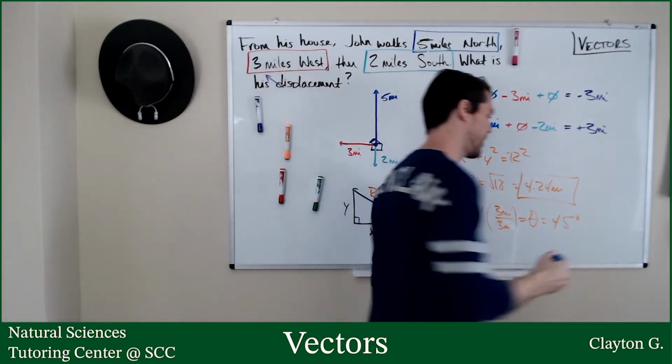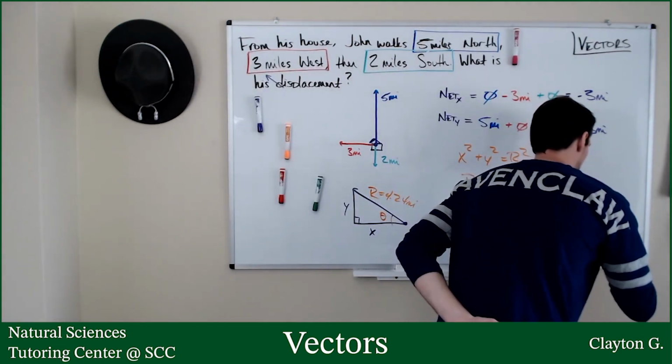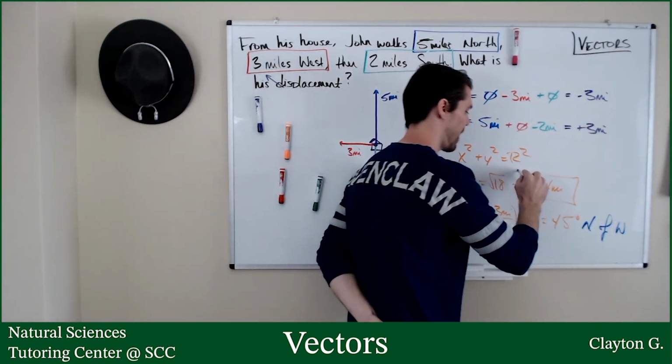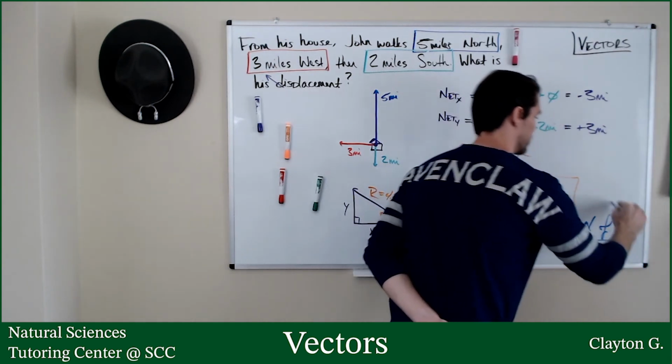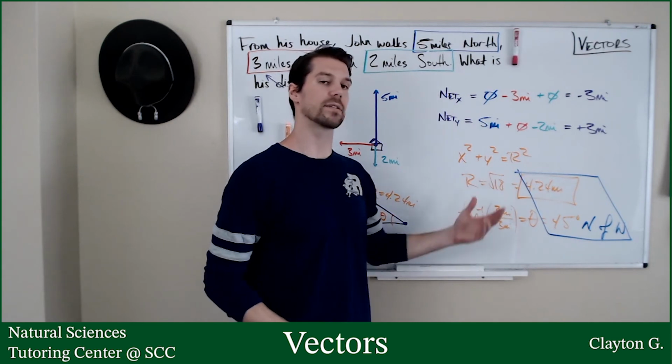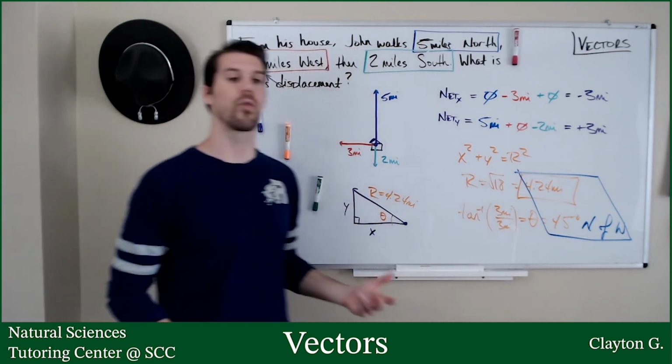This is 45 degrees north of west. So once again, we have our final resultant vector right here, 4.24 miles at 45 degrees north of west.